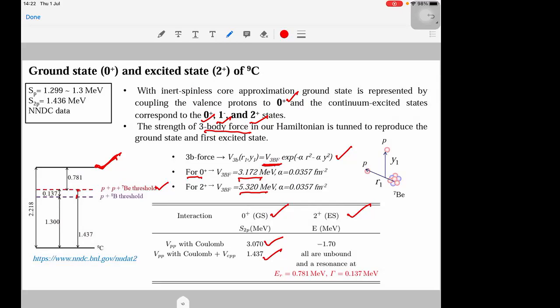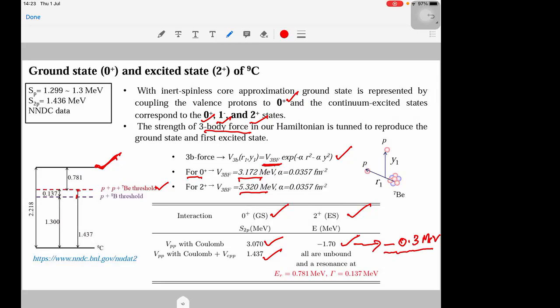Okay, so the first excited state is bound if I don't use a three-body force, which is not the realistic case. So I can tune that three-body force to make all these 2 positive states unbound. But if I use the same three-body force, this state becomes weakly bound, around 0.3 MeV. Still, this is not the experimental situation.